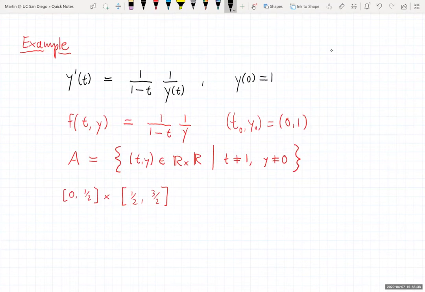And I can go from y0 some distance rho equal 1/2, and still stay within the set A. For example, I could say, okay, take the interval from t0 equals 0 up to t1, which is 1/2.